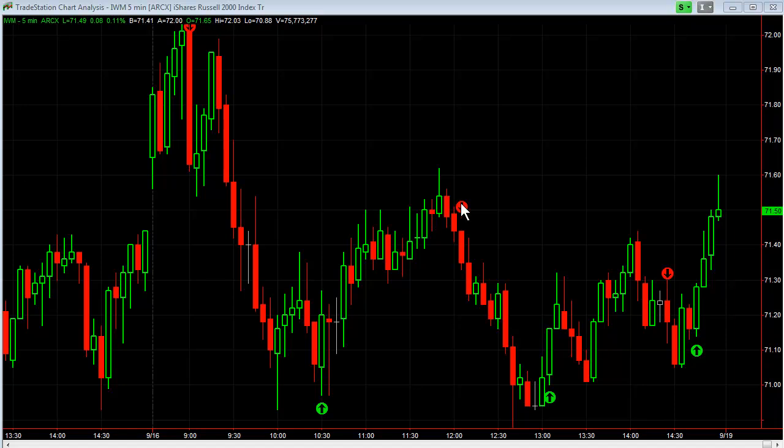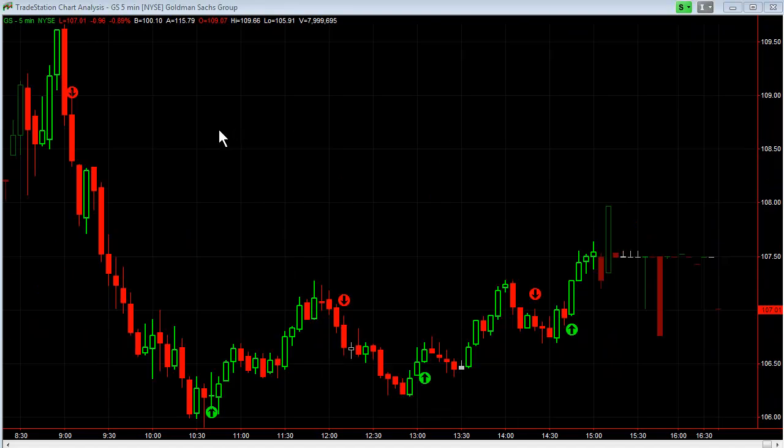A short entry at about 12:10, 12:15, a great trend down. A long entry at 1 o'clock, a little bit of a trend up, then down, but the lows were higher, a trend back up, a short entry there, and then a long entry to cap off the day. So that was for the IWM.